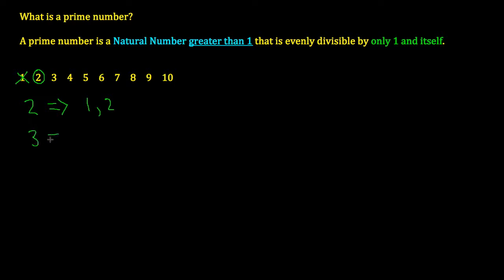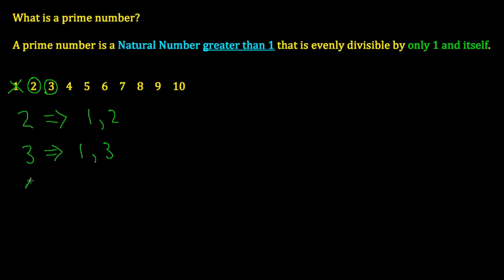Looking at 3, the same holds true. If we use the cookie analogy, 3 cookies can be consumed by one person, or 3 people can each consume 1 cookie. And so that is prime. Any other attempt to divide up those 3 cookies would require us to break them up.